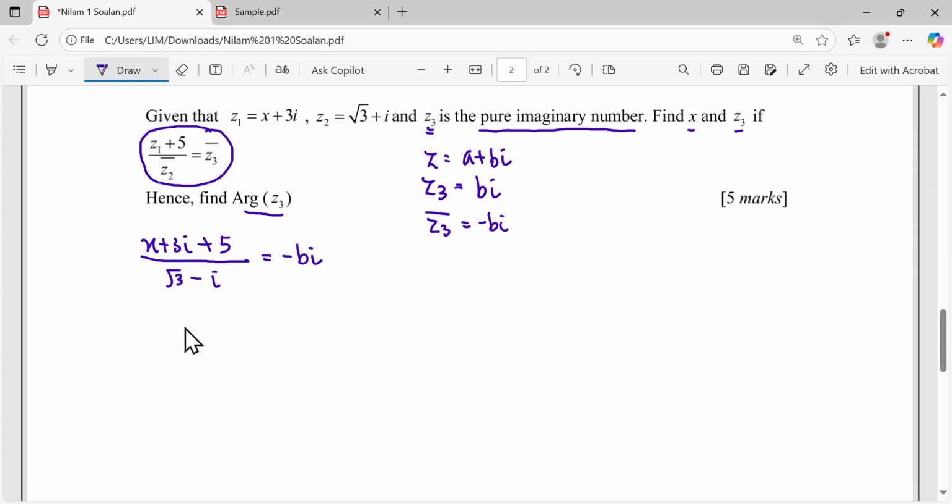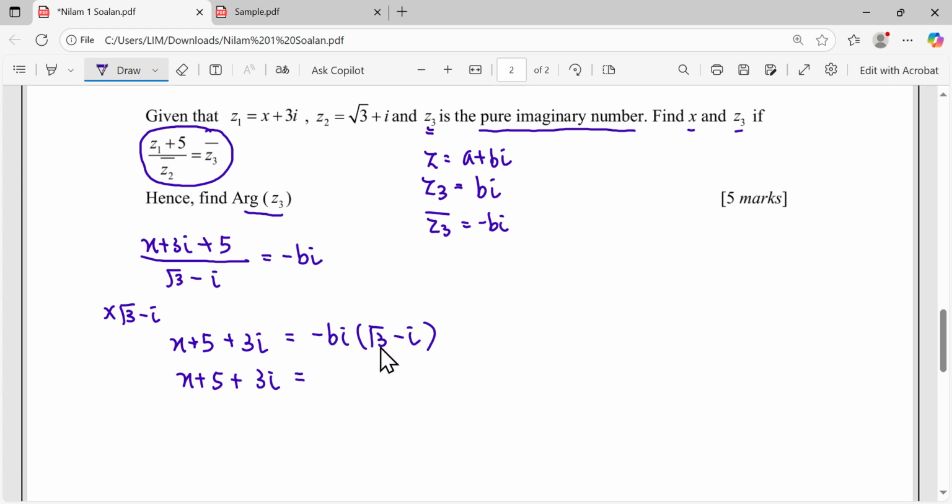Alright, so we'll simplify, like arrange it. So I will times 3 minus i to the right hand side. For the numerator, I'll have x plus 5 as real part, imaginary part is 3i. Then this is negative bi times 3 minus i. Then x plus 5 plus 3i, this is already standard form. Now I want to make sure the right hand side also is standard form.